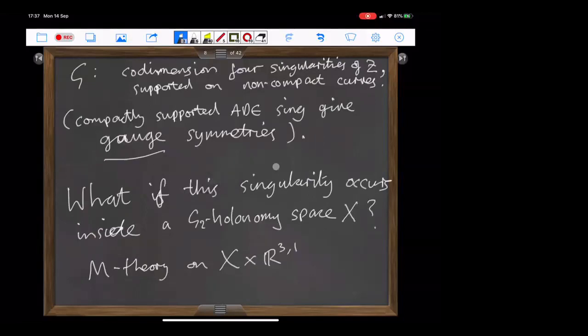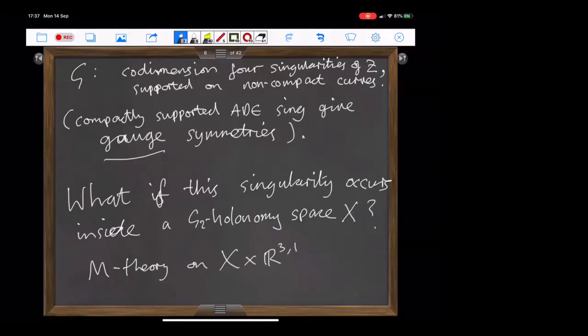Now, the symmetry group G has a natural geometric interpretation. This global symmetry group G comes from codimension 4 singularities of Z of the orbifold type, and in particular, since Z in general we can take to be non-compact since we're not considering gravity here, we're talking about codimension 4 orbifold singularities supported on non-compact curves.